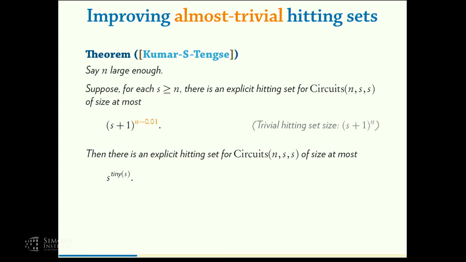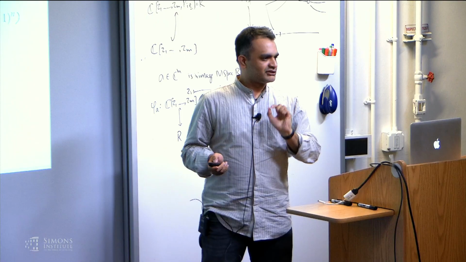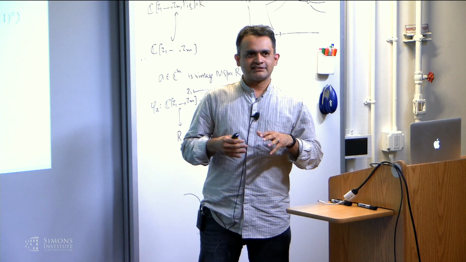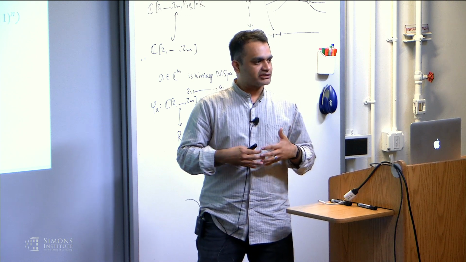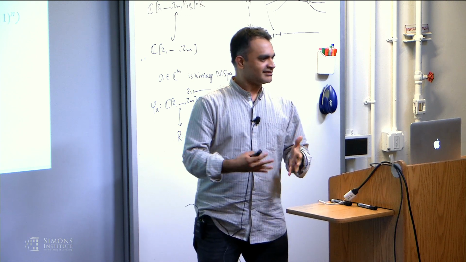Just beat the trivial hitting set by whatever amount, and we can get the same conclusion as Agrawal, Ghosh and Saxena. So basically you need to make some dent in the exponent, a question of how much in factors of s you are saving.